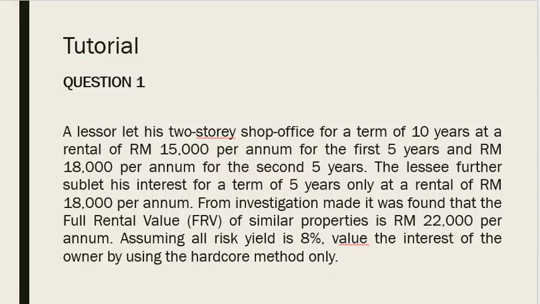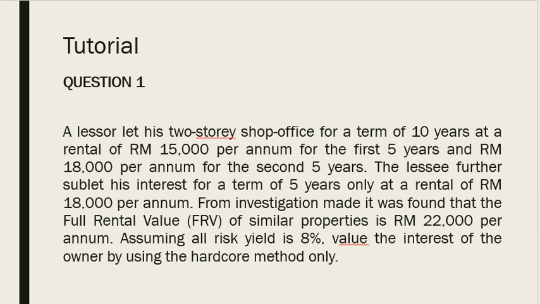To show that you fully understand the hardcore and layer method valuation, please answer question number 1 and question number 2 for the tutorial. Question number 1: a lessor lets his property for 10 years. The first 5 years would be 15,000 per annum, and then the second 5 years would be 80,000 per annum.